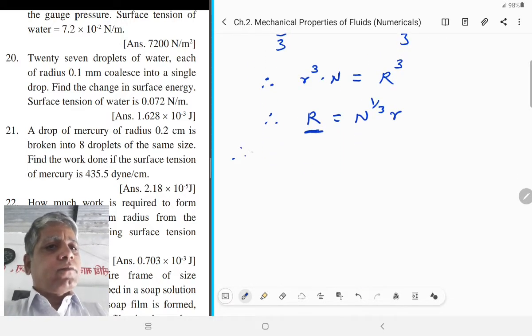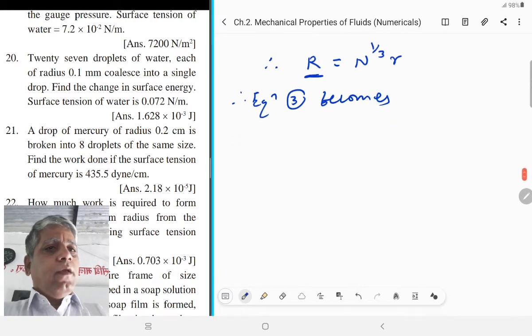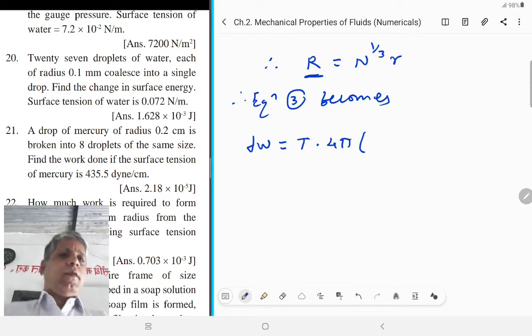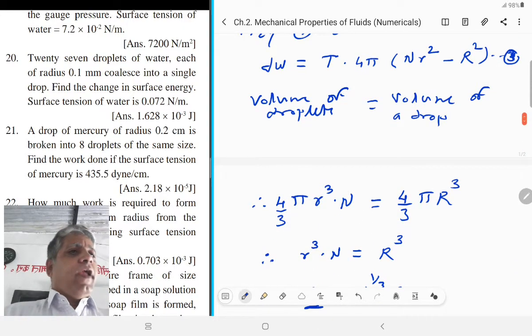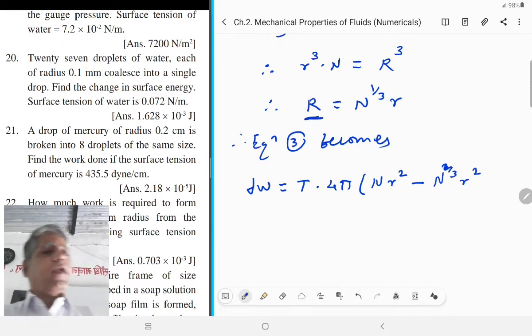Therefore equation 3rd becomes: change in surface energy is equal to surface tension into 4 pi into bracket n into small r square minus n raised to 1/3 into small r square, and here n raised to 2/3, since there is capital R square.